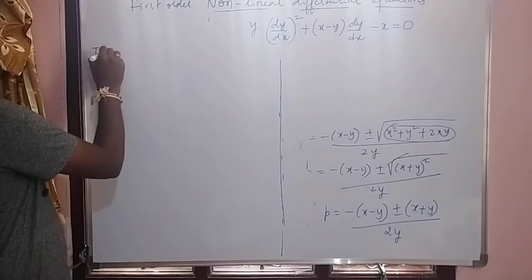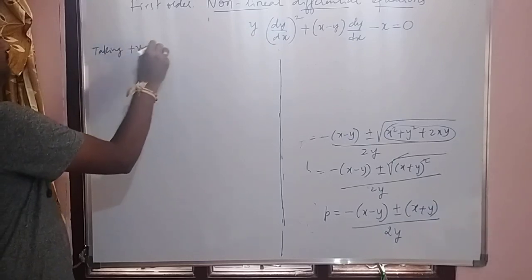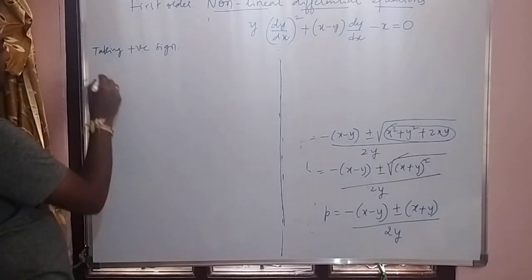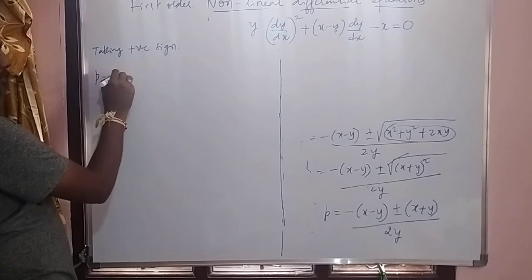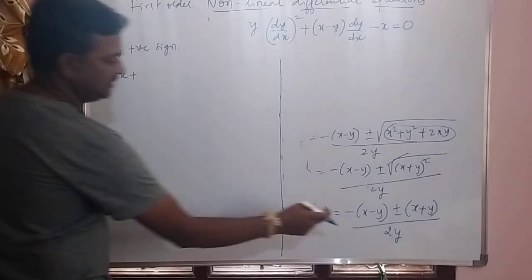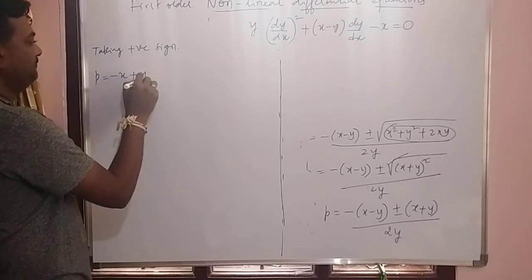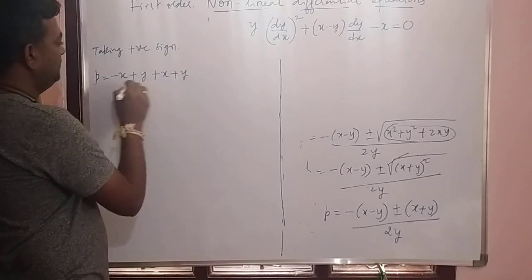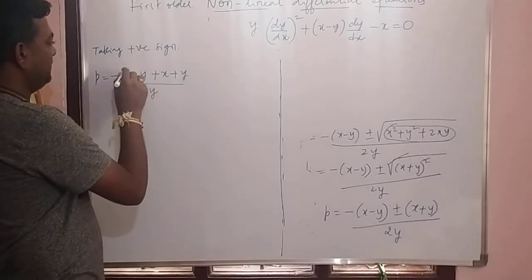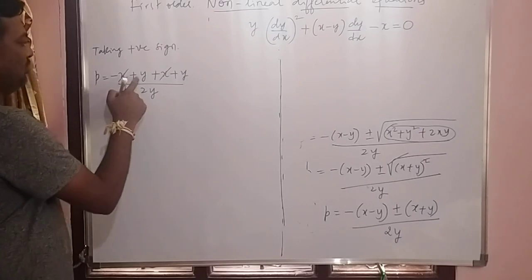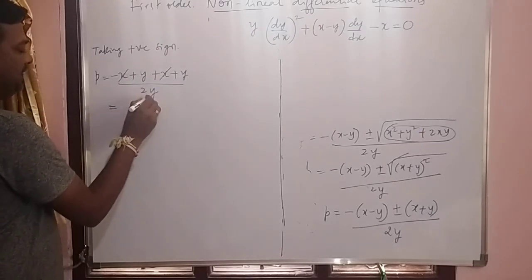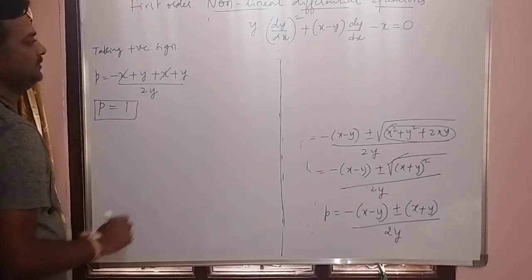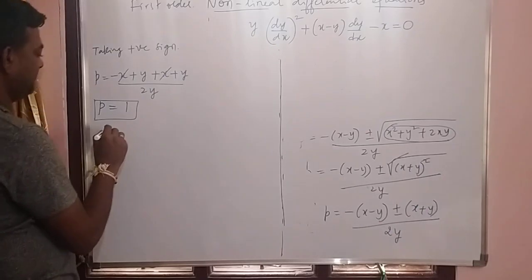Taking positive sign, so what you will get? p is equal to minus x, you can multiply minus into minus plus y, plus you can take x plus y divided by 2y. So minus x plus x get cancelled, y plus y is 2y, 2y divided by 2y is 1. So p is equal to 1. Similarly, I am taking negative sign.